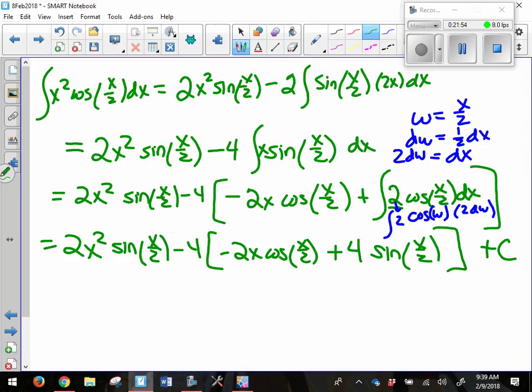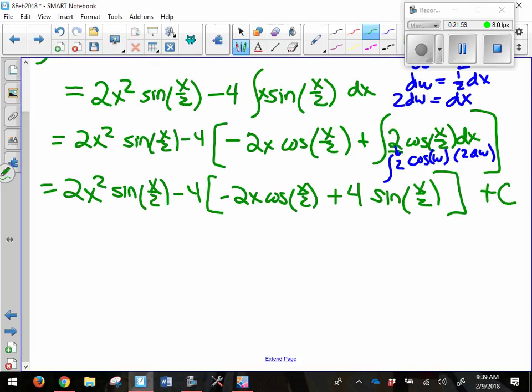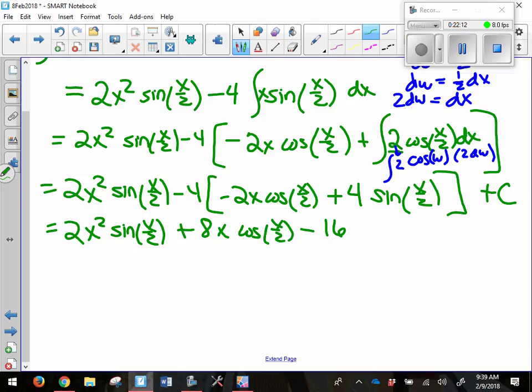Although I think there's a lot to be said for doing it out this way anyway. Okay, and then we can just multiply things out. No, I can't really add anything together.